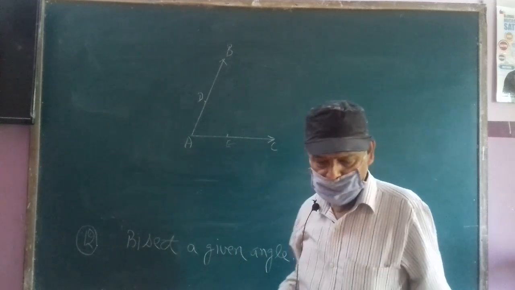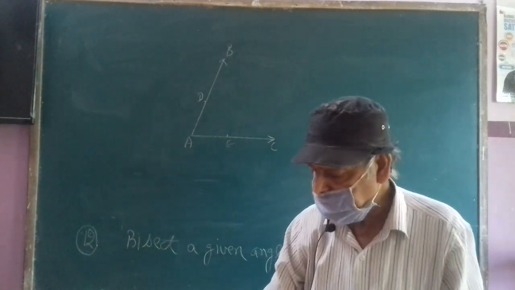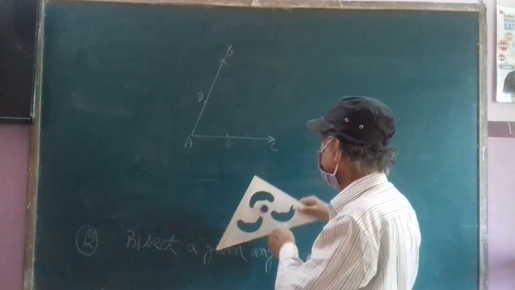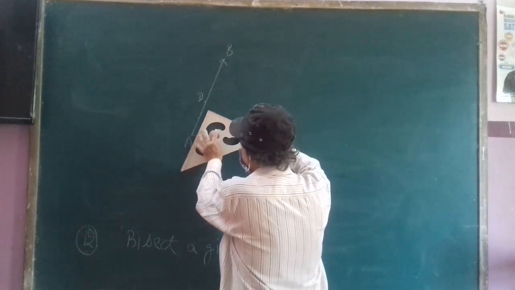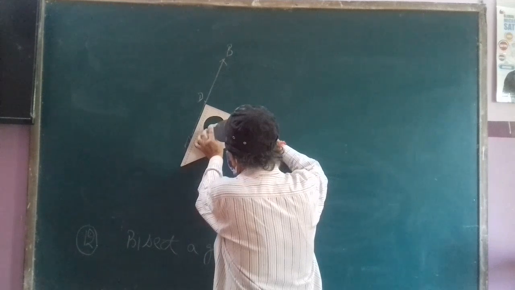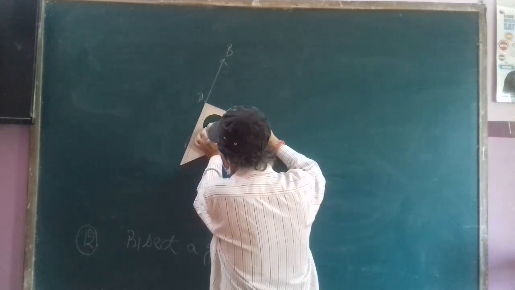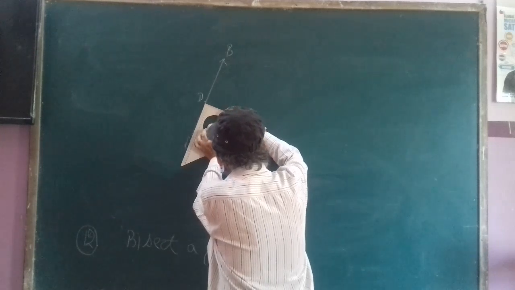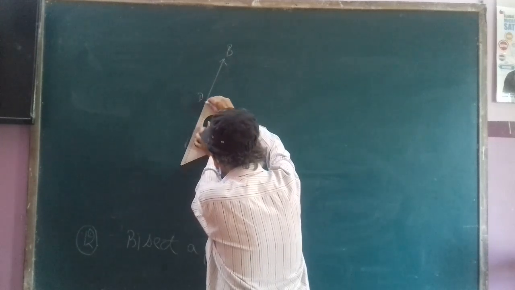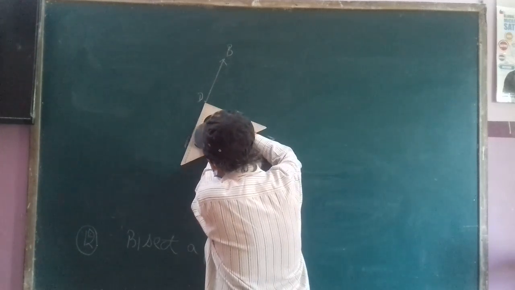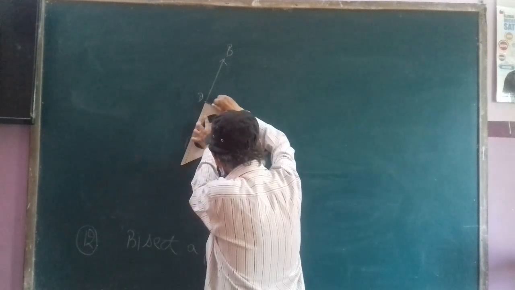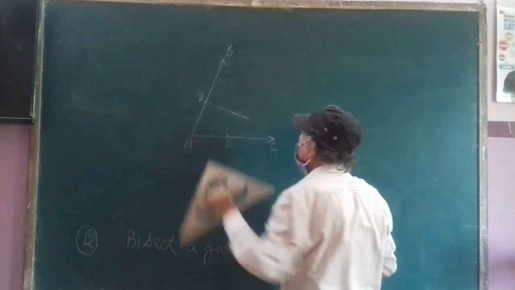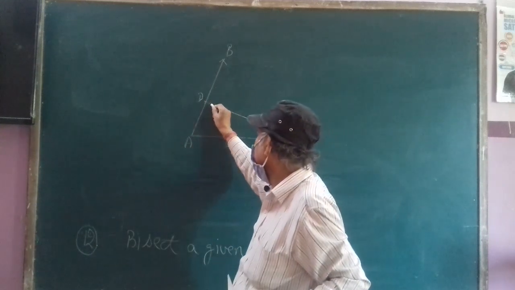Now what you have to do, just take any of the set squares and put it along AB, and this is 90 degree, come to point D and draw the line. Okay, this is 90 degree.